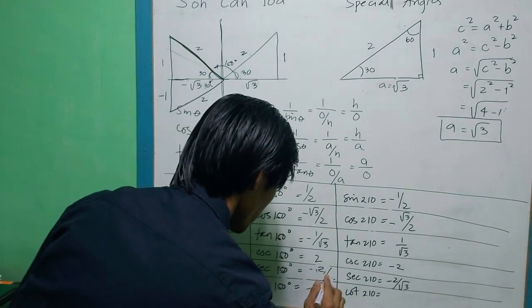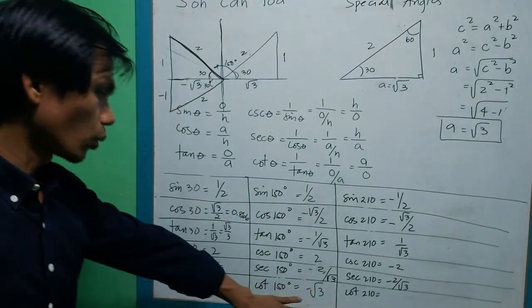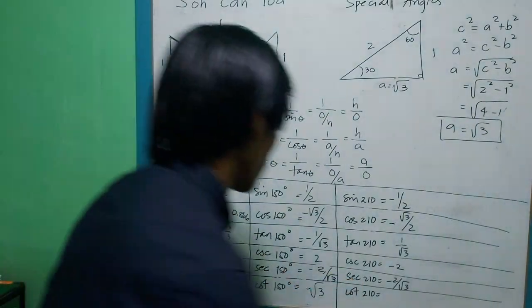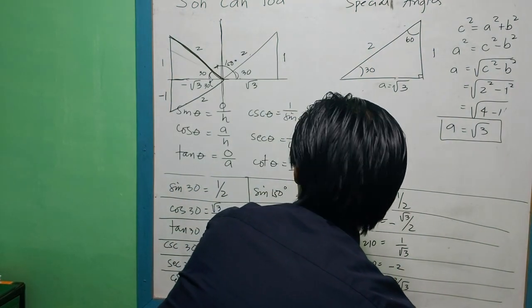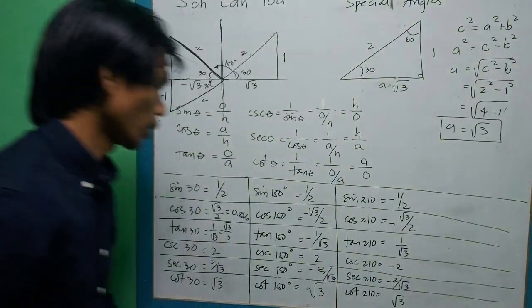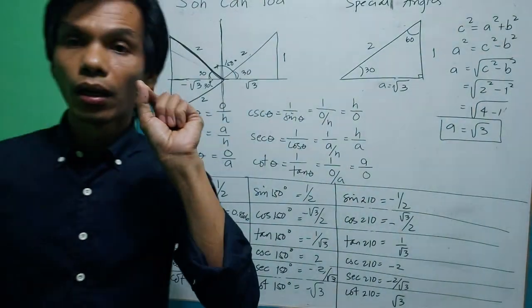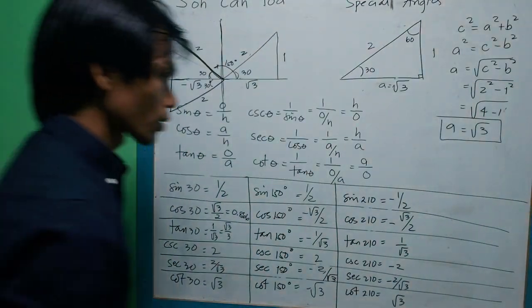Yan. Now, the other one, cotangent, that will be square root of 3. Ayan, positive na siya. Kasi, negative over negative is positive. So, yan.